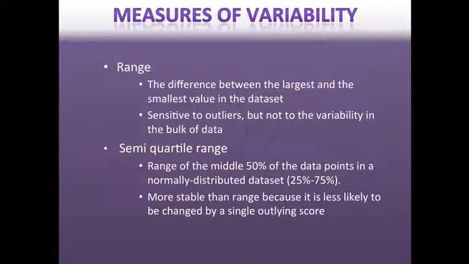Another way of doing this is the semi-quartile range, and this can present a better picture of a certain data set, because essentially what you're saying is the lowest and highest number for the middle 50% of a data set. And what that does is it gets rid of those outliers like the Bill Gates in the sample, right? And it gives you a more accurate presentation of what generally that data set looks like.